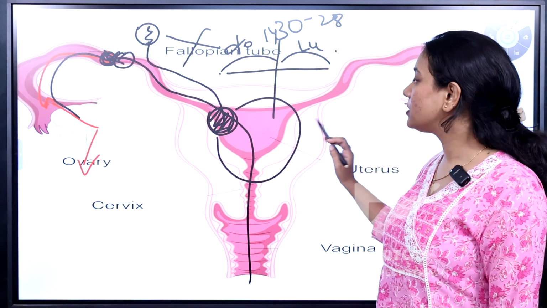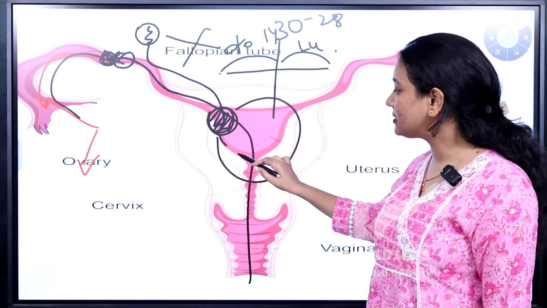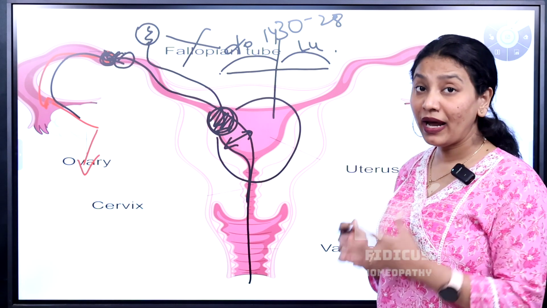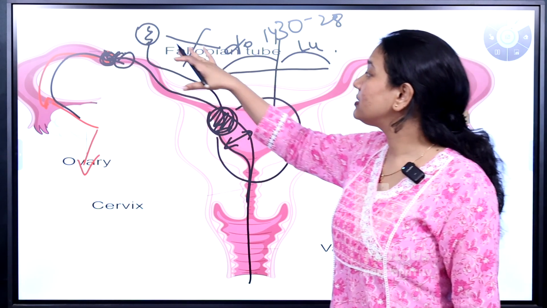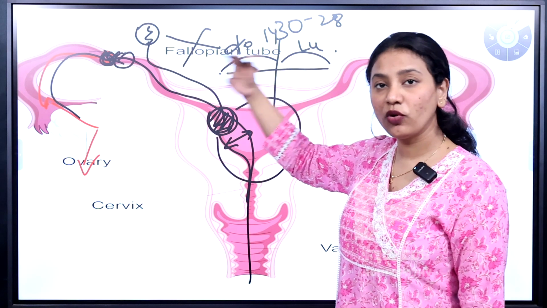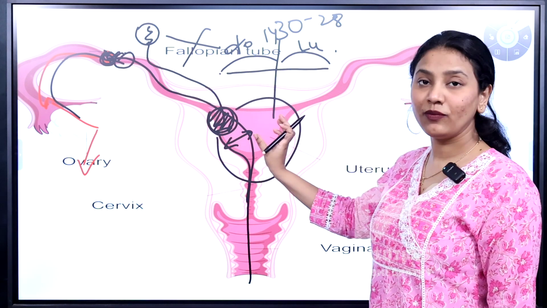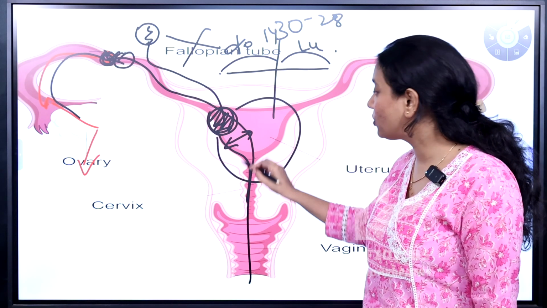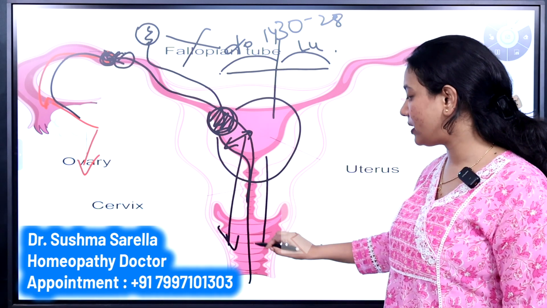In both of these phases, the endometrium, the lining of the uterus, will become thick so as to be prepared for pregnancy. When the zygote is not forming, when there is no fertilization, this endometrium which has grown thick to carry the baby will start to come down, because the baby is not there, which is menstruation.